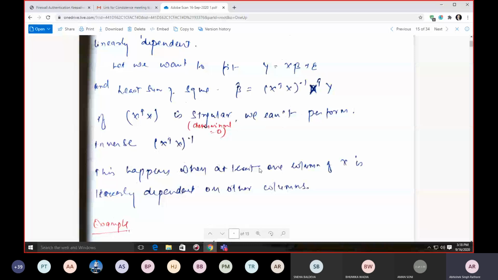This happens when at least one of the columns of X is linearly dependent on another. जब मैंने आपको ये समझाया भी था तो हमने इस चीज पर फोकस करा था. So it means that at least one column is linearly dependent on another column.